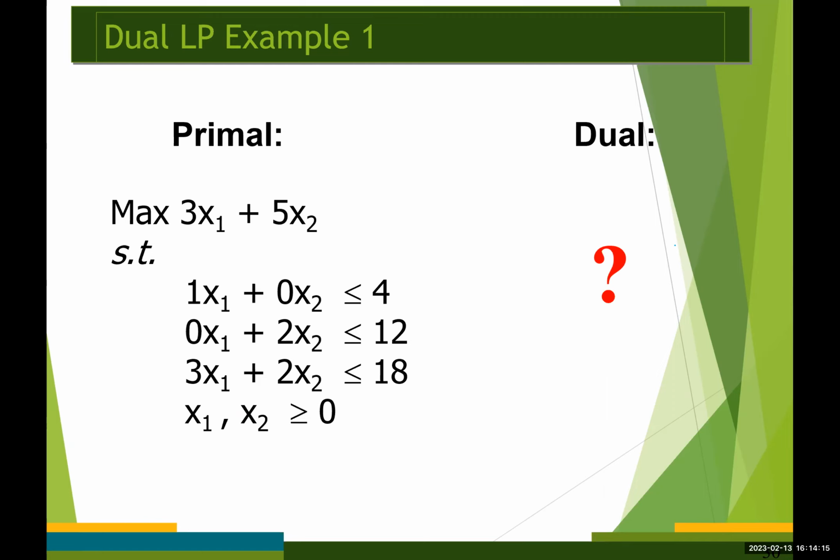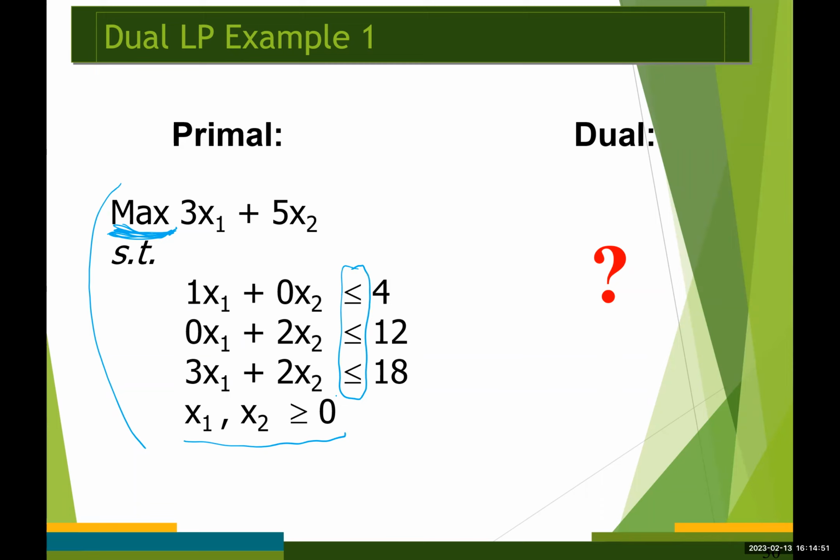Okay, now, given this primal LP problem, the maximization problem, how do you write the dual problem? This is very easy because the given primal problem is the maximization problem in the symmetric primal dual pair, which is maximization with all less than or equal constraints and non-negativity restrictions.